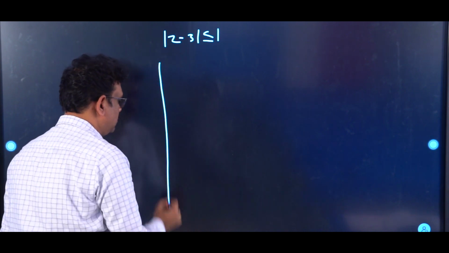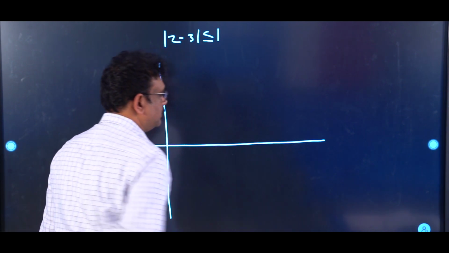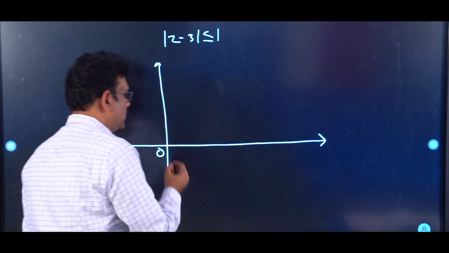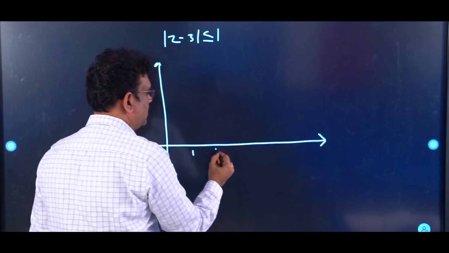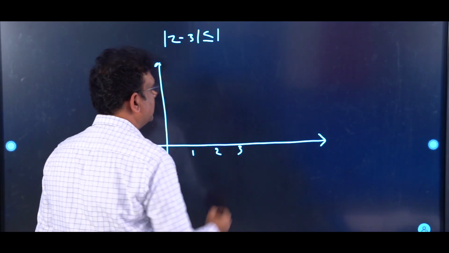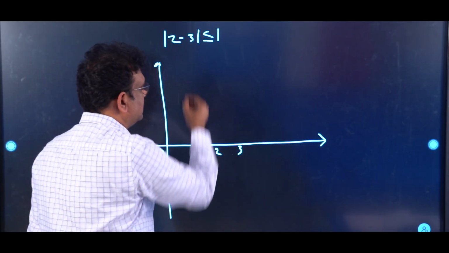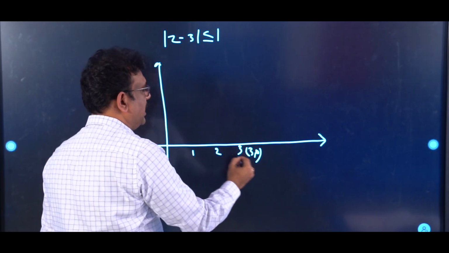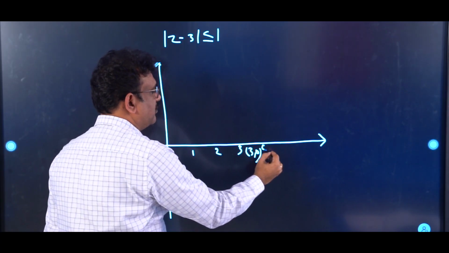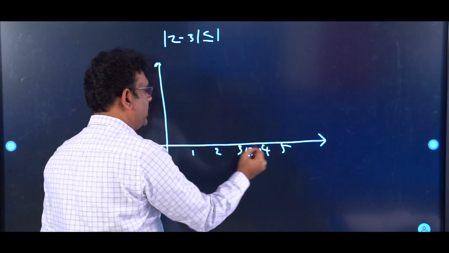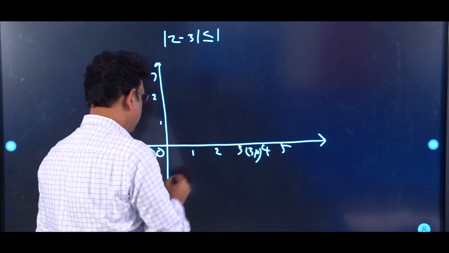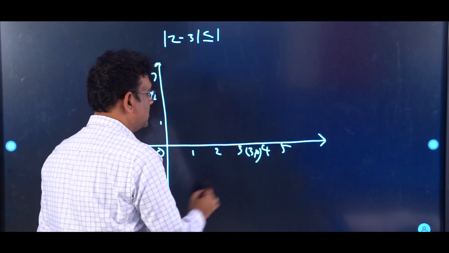So 1, 2, 3. So (3, 0) is the center, and the radius is 1 unit. 1 unit means 1, 2, 3, minus 1, minus 2.